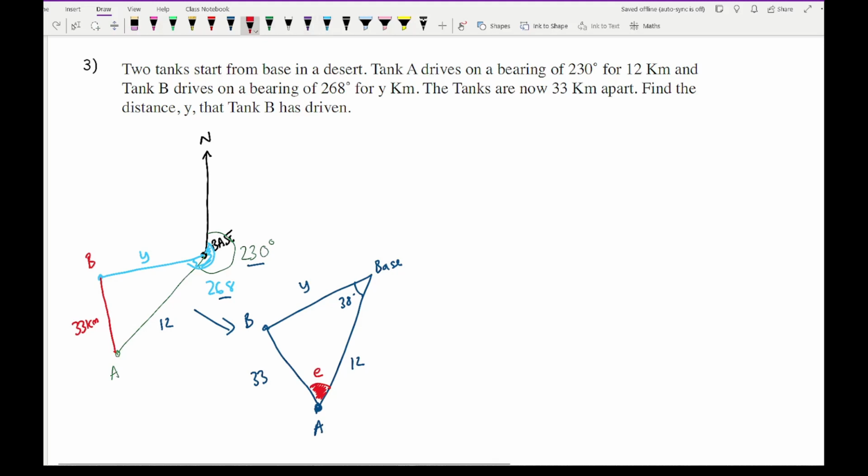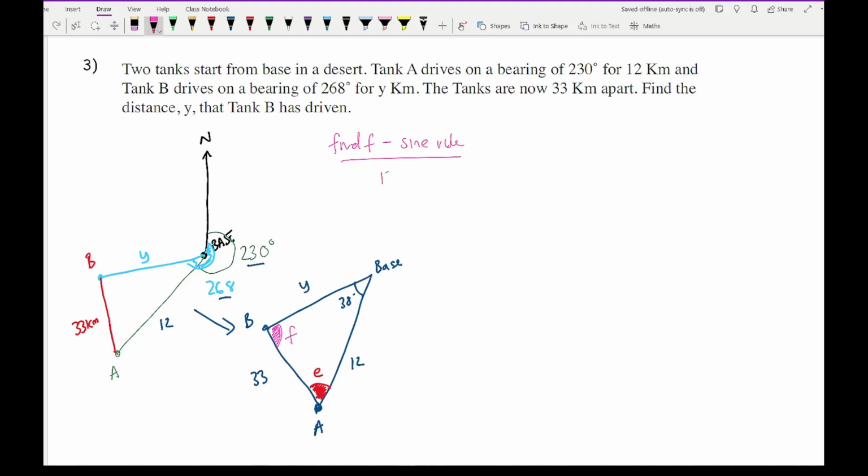But what I can do instead is find this angle here. If I knew the pink angle, I could then work out the red angle, which could then lead on to work out y. So if I call this F, I'm going to find F first by using the sine rule.